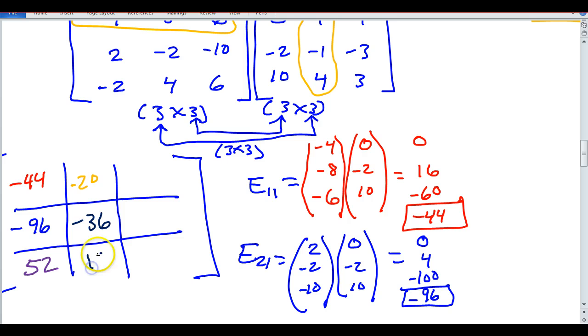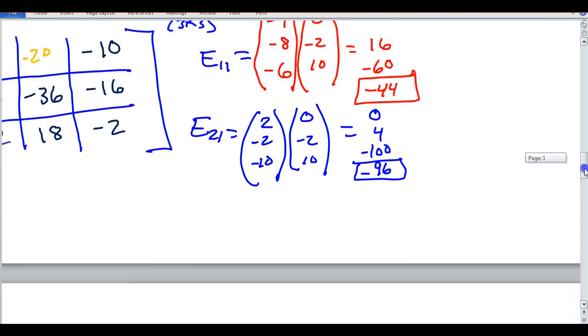This one will be 18. This should be negative 10, negative 16, and negative 2. Alright, so that was number 7.